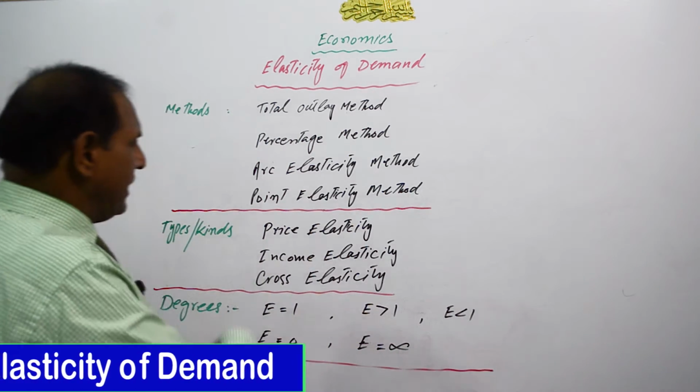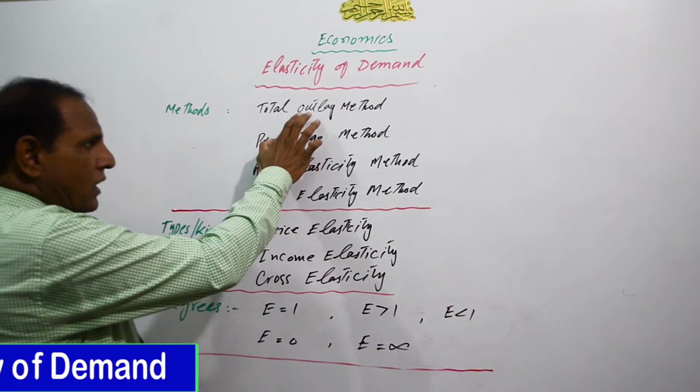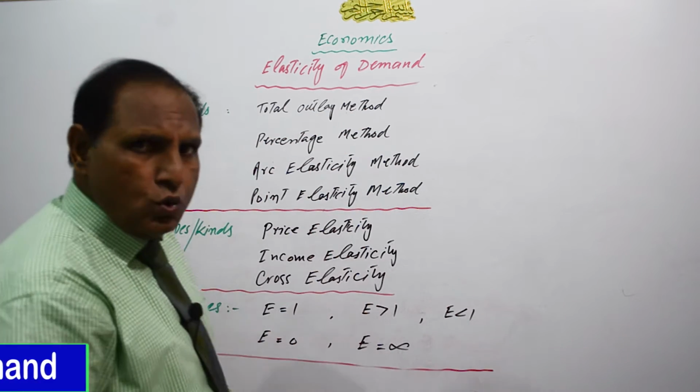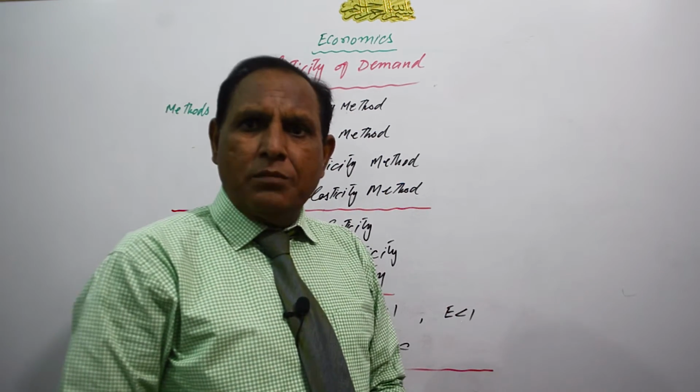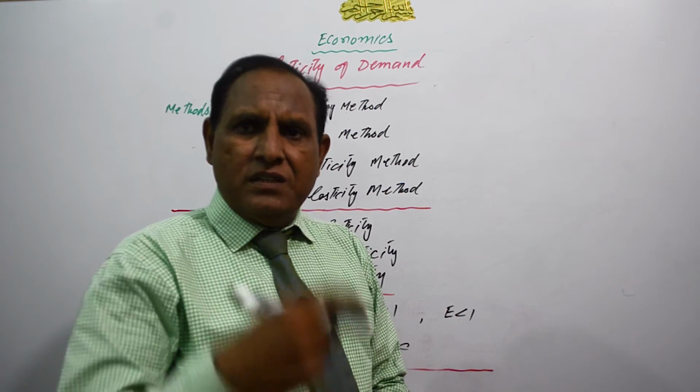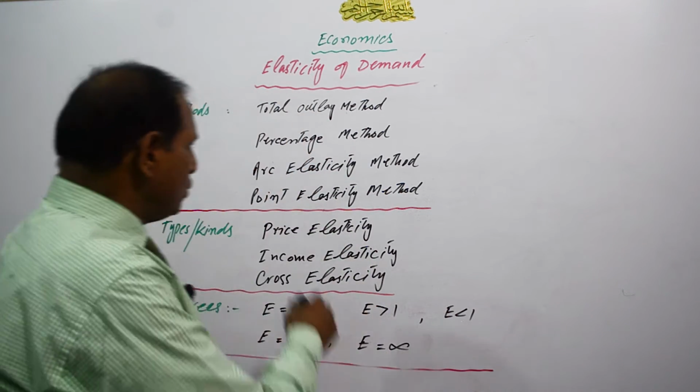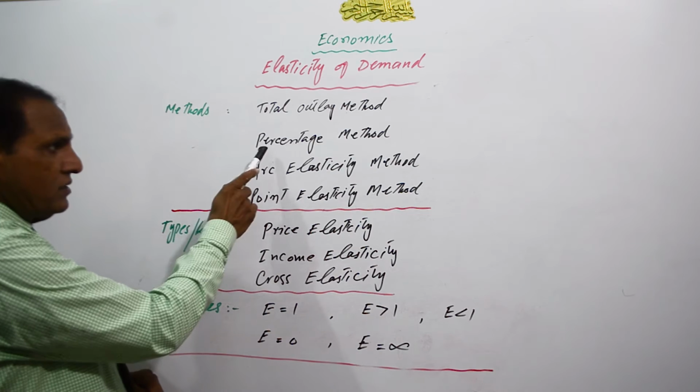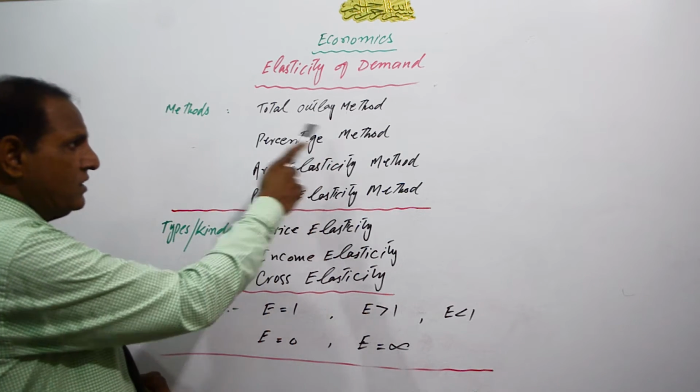These methods are: number one, total outlay method, also known as the Marshall method, which will be discussed in a later video. Number two, the percentage method.